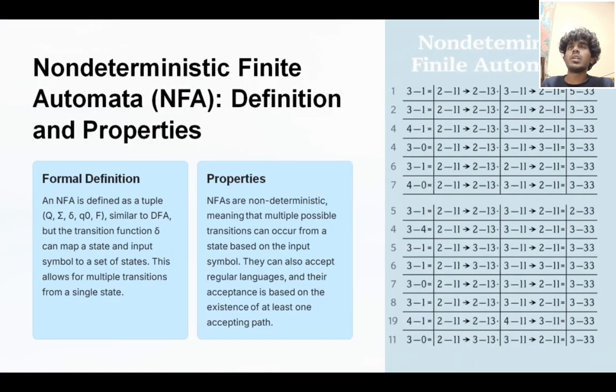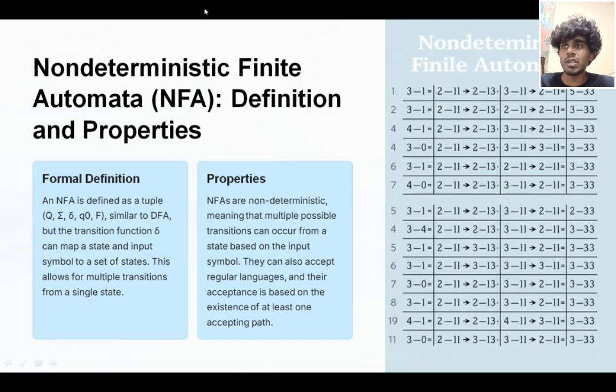Next we go to non-deterministic finite automata, NFA, definition and properties. Formal definition: an NFA is defined as a tuple the same as a DFA, Q, sigma, delta, q naught, and F. It is similar to a DFA, but the transition function delta can map a state and input symbol to a set of states.